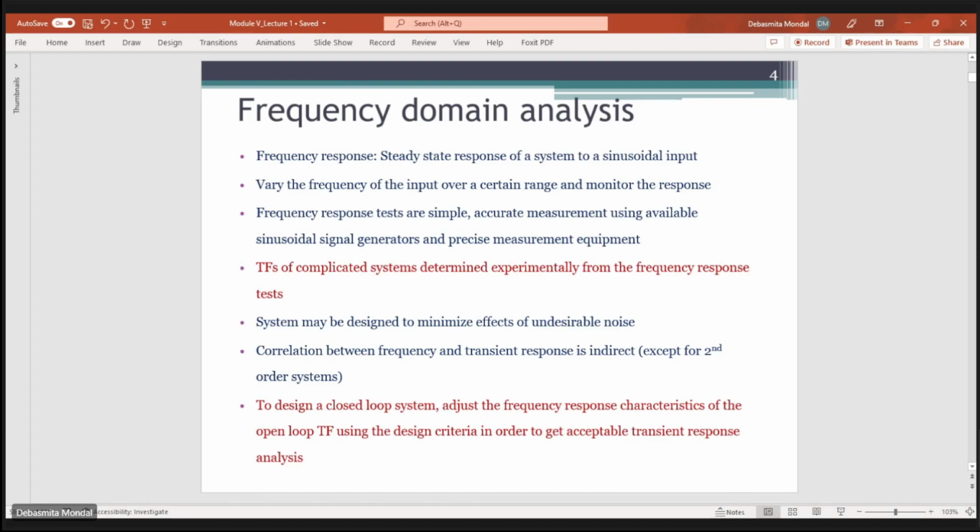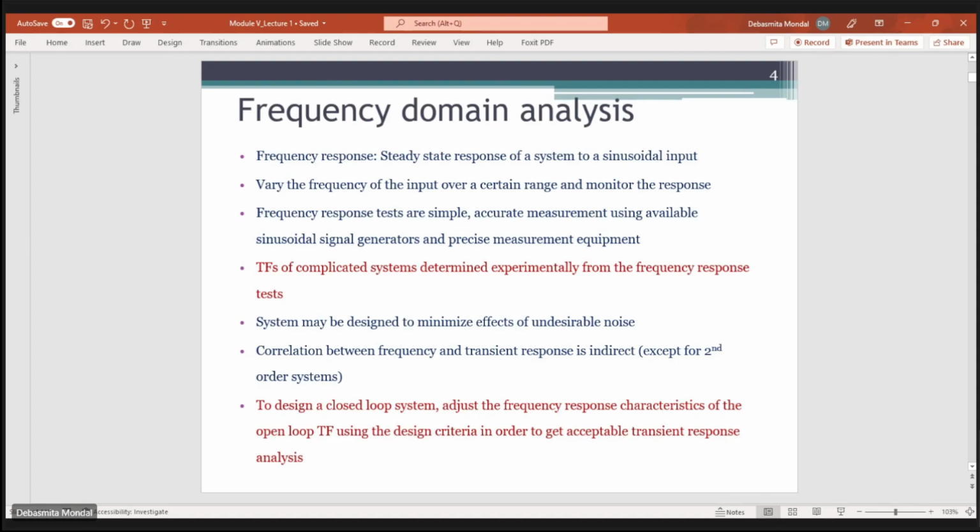The other advantage of frequency domain analysis is this: if you have a complicated system and you don't know its transfer function, so the system is acting as a black box to you, and you want to find out its transfer function, you can do it from time response analysis.